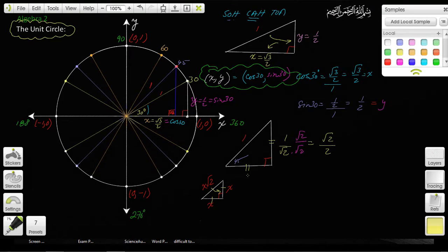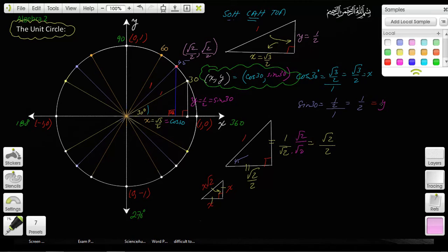And this side is congruent. This is a 45, 45, 90 triangle, base angle theorem. So this becomes square root of 2 over 2 as well. Those are the two sides of the 45, 45, 90 triangle. They're both the same length, so the ordered pair corresponding would be square root of 2 over 2 and square root of 2 over 2.